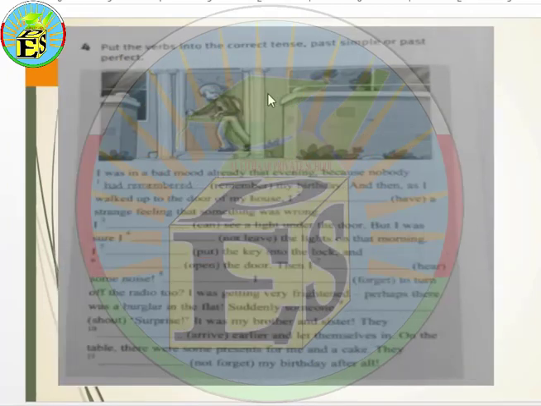Exercise 4. Put the verbs into the correct tense, past simple or past perfect. So please read this story carefully and write the verbs or both the verbs in the correct tense.